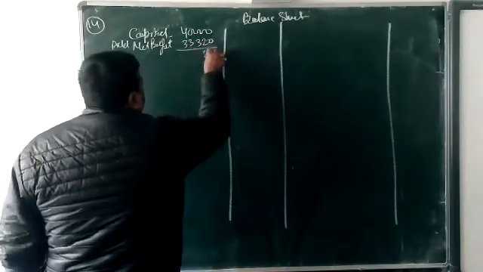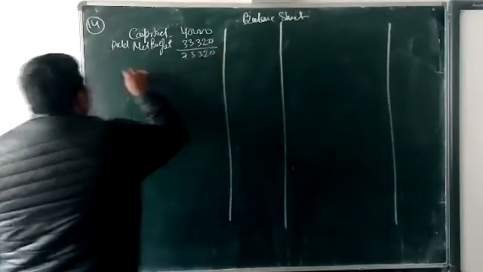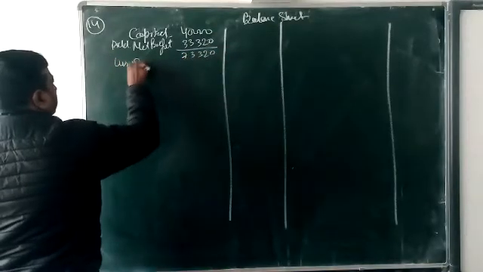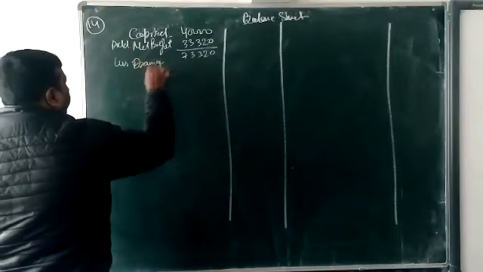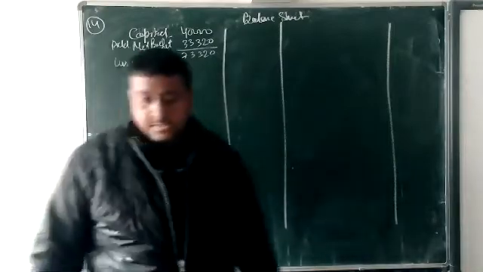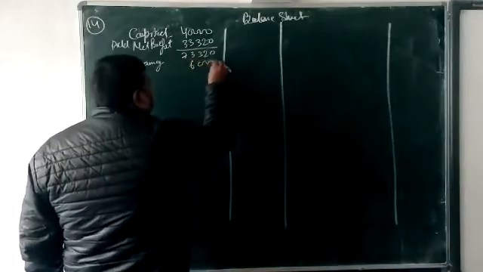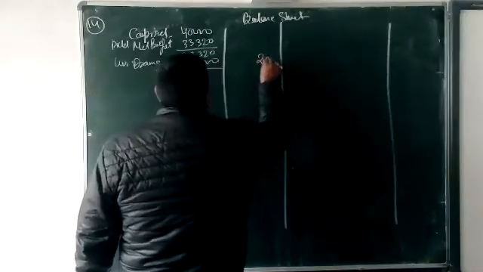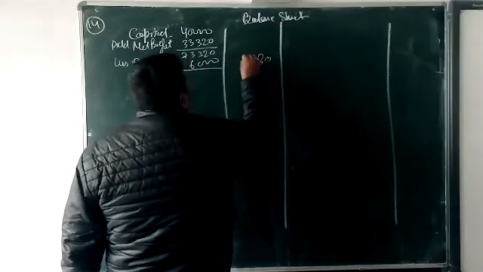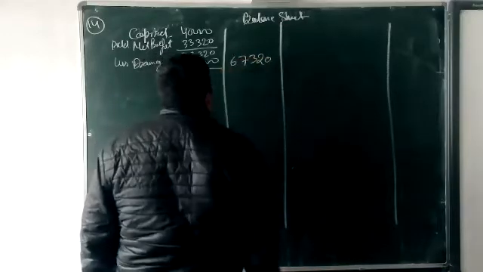Okay. The amount came. Then less drawing. Drawing amount, beta? Just see the debit side. 6,000. Okay, just less this amount.